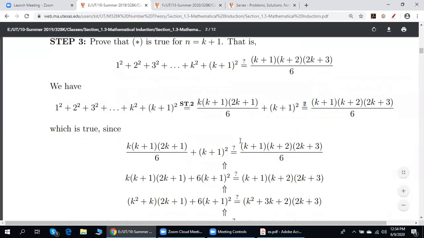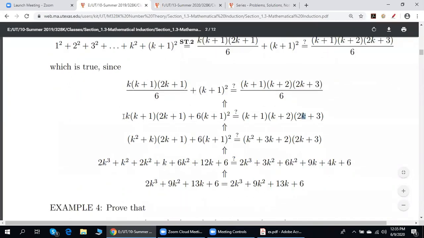In order to prove it, we copy it here. Then we multiply the left-hand side and the right-hand side by 6 in order to get rid of the denominators. Done. Then we expand parentheses over here. K times k plus 1 is k squared plus k. We expand parentheses here. K plus 1 times k plus 2 is k squared plus 3k plus 2. Then we expand parentheses here, done, here, done, and here, done.